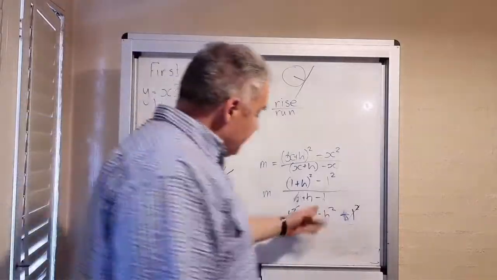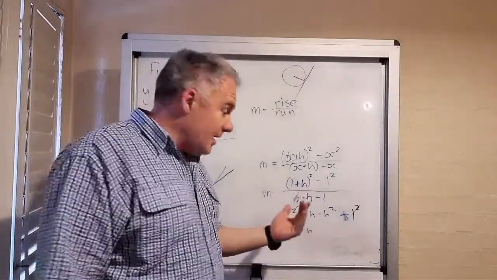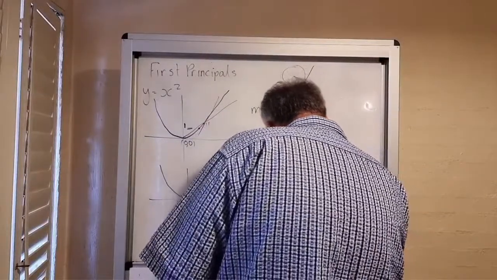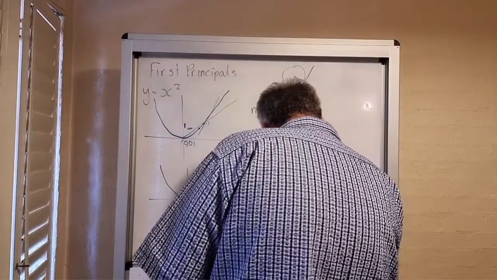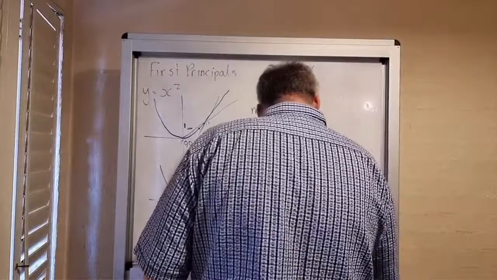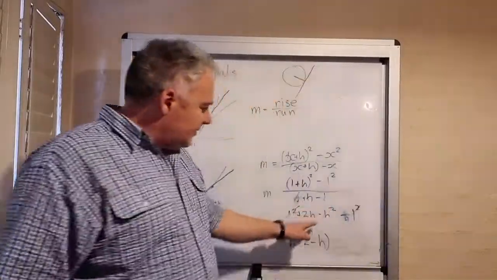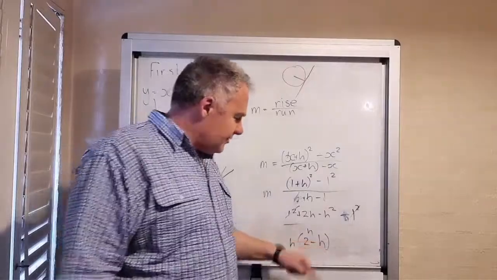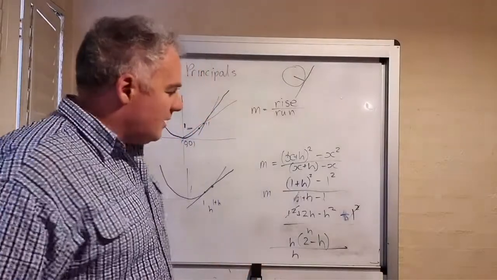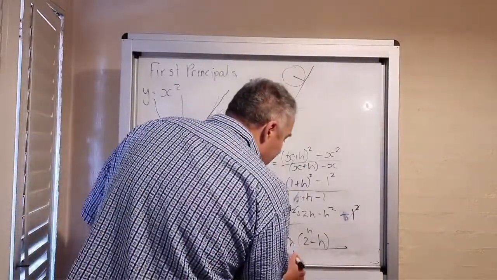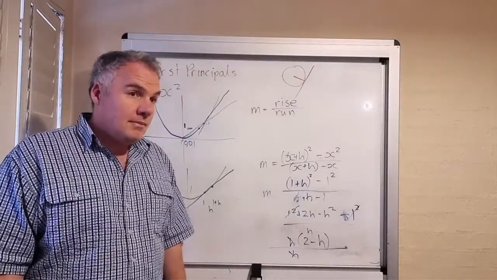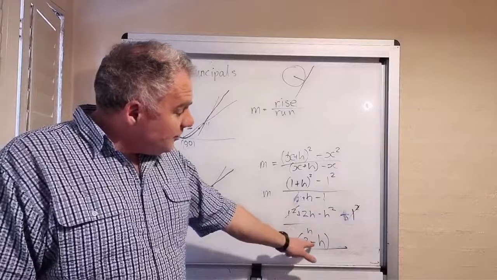Now, on the top bit, we can factor out an h. So we're left with h outside of 2 plus h, because h squared divided by h equals h, over h. Okay? And we can cancel these out. Yeah? So we're left with 2 plus h.